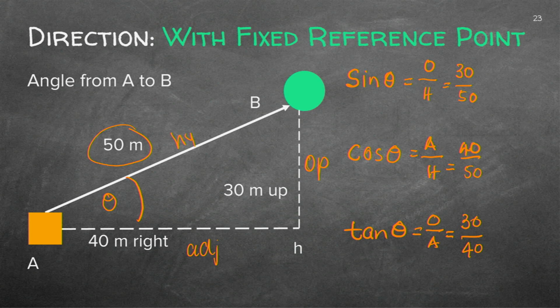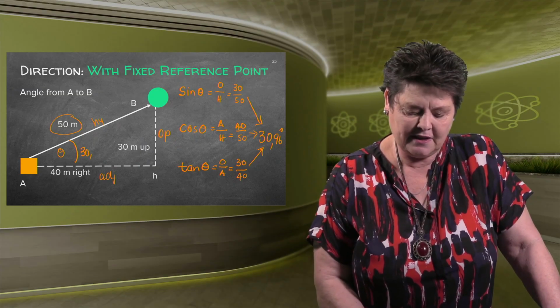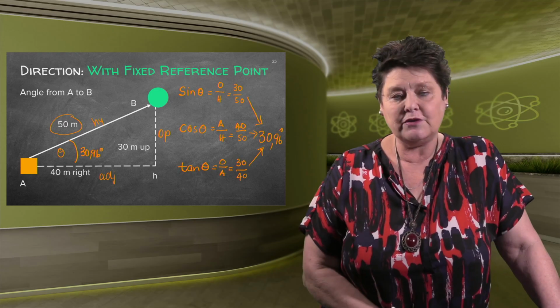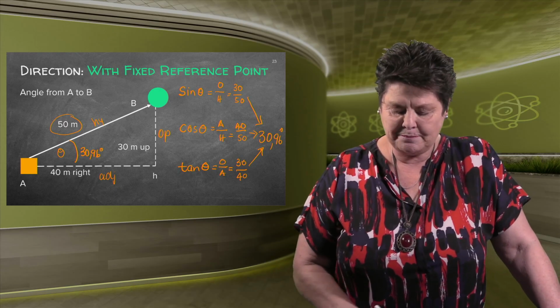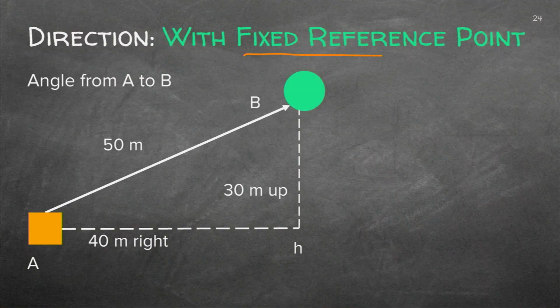And in all 3 cases, you will then find your angle to be 36.96 degrees. So have a few minutes to play around and find that angle as then 36.96 degrees. How will you now represent the resultant with a fixed reference point?